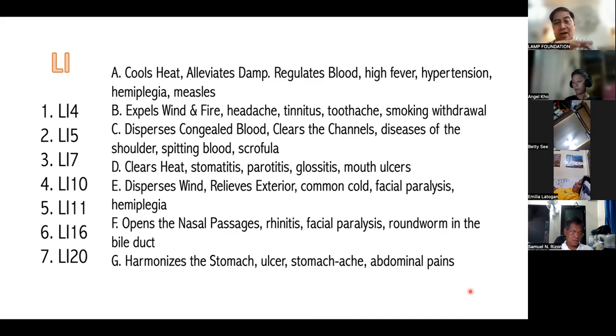So LI5, what is the classification? We need to know the classification so we can know its functions. So what is the classification of LI5? Choose from the five. Is it Jingwell? Ying Spring? Shoestring? Jing River? Is it Hussey Point?